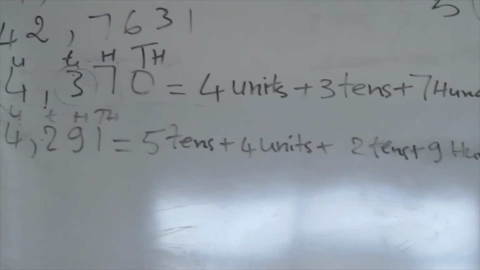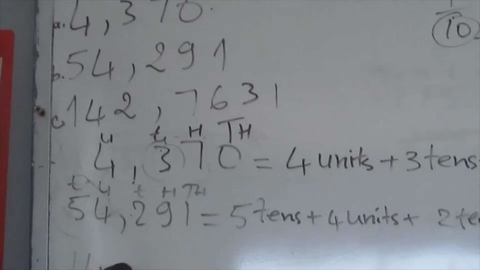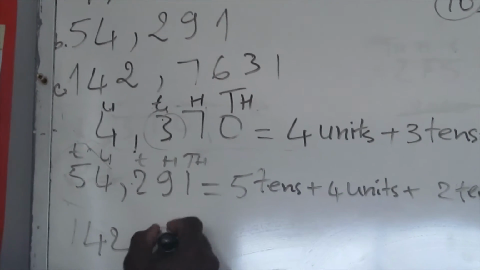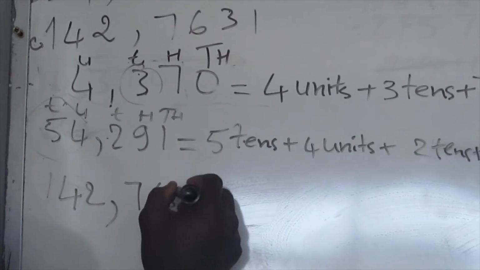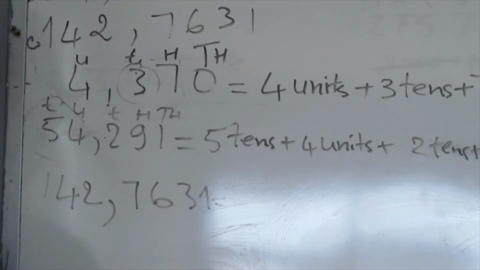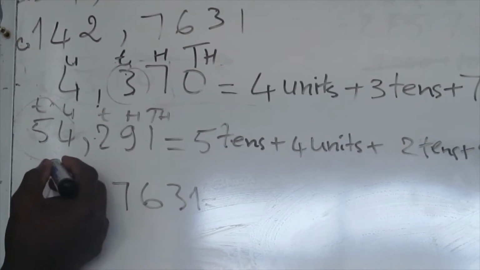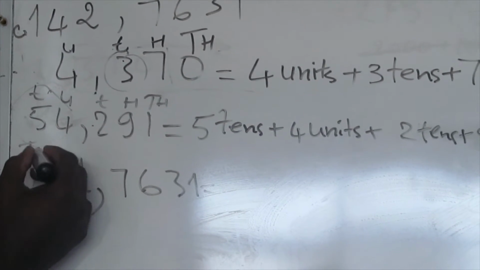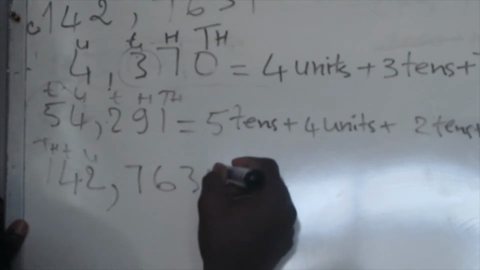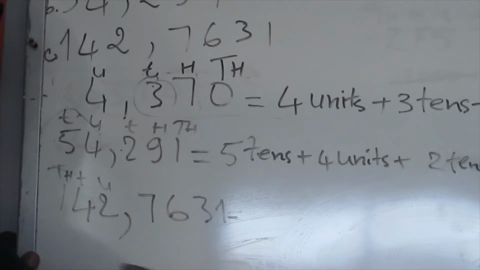Now we have another number, 142,7631. In this number we can see we have units, tenths and thousandths. I will abbreviate this one to have space.